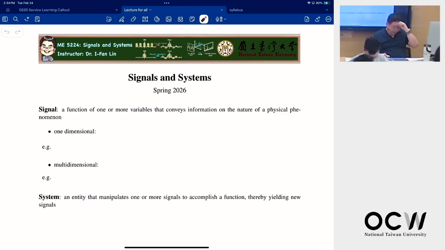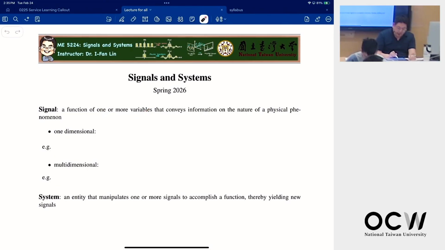So first, let's talk about the signal. What is a signal? We can think about the signal as a function of one or more variables, so a function of multiple variables.